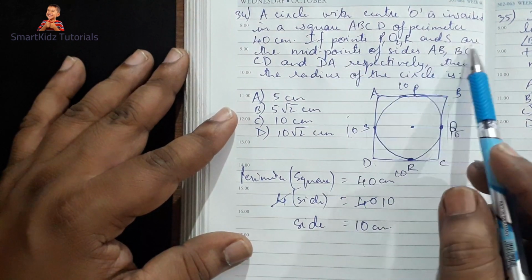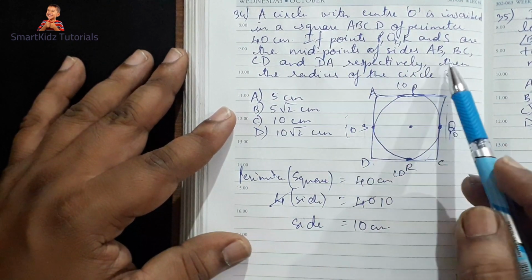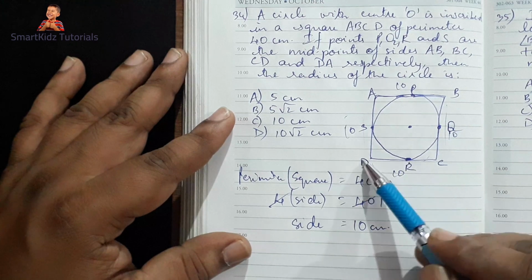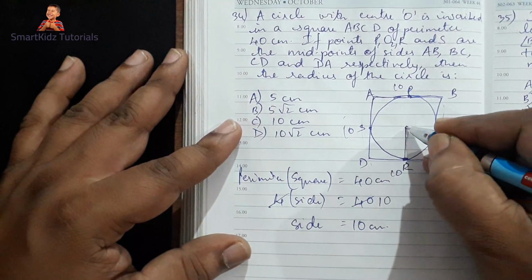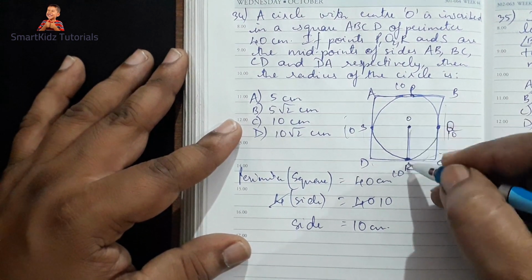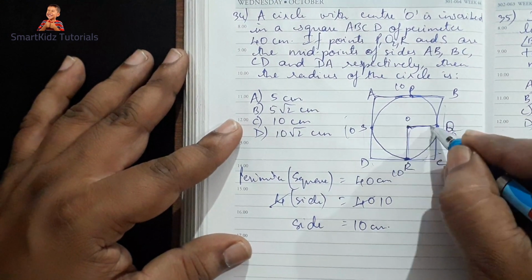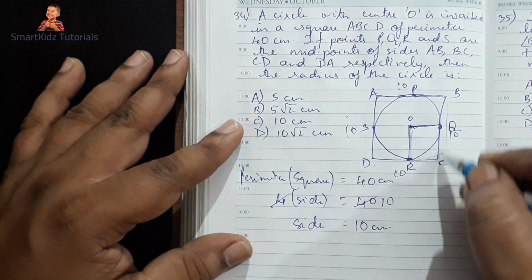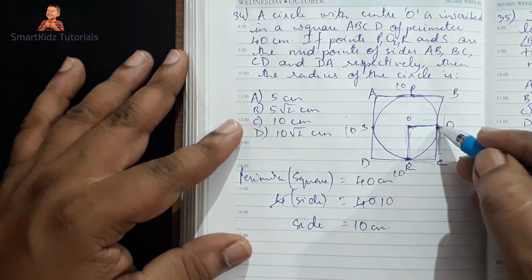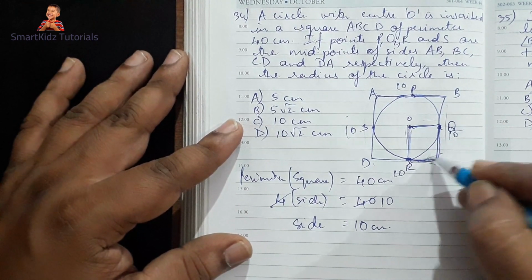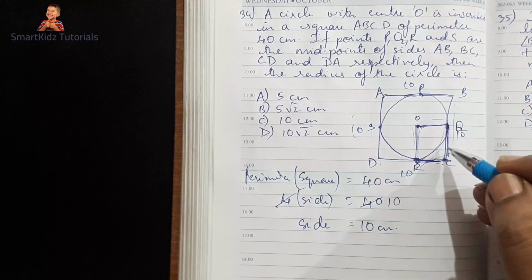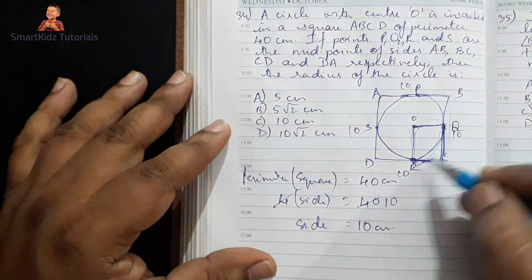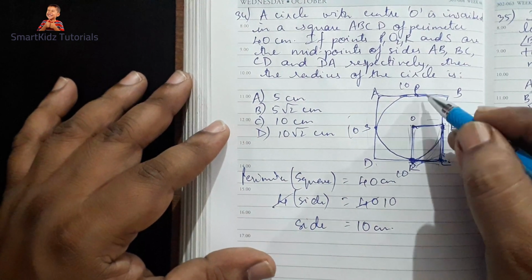Now we have been given that PQRS are midpoints of the sides. So these are all midpoints. From here to here, if we draw, this is the center O, this becomes the radius, and if we join two midpoints, we get a perfect square over here, because these become the tangents, and tangents are equal to each other. See, there's a circle, so these are tangents, these two, RC, QC.